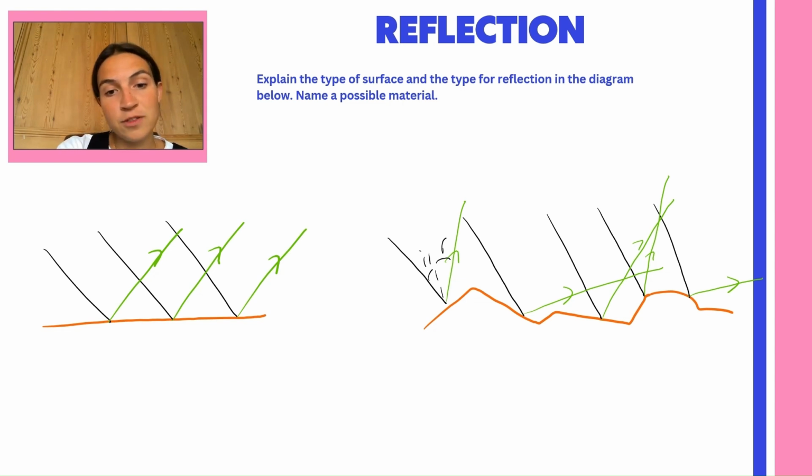But actually, because all of these different points have slightly different normals, I get different angles of reflection. So all of those green lines are coming off in different directions. This is called diffuse, and it happens with a rough surface, and it could be something like paper where my light is scattered off the surface of the material.